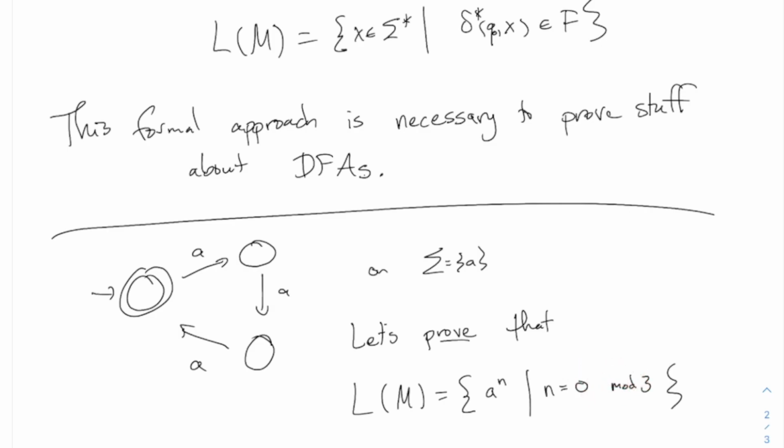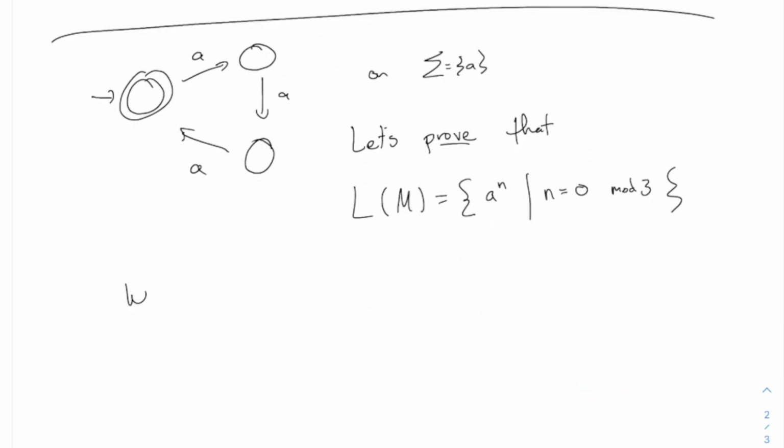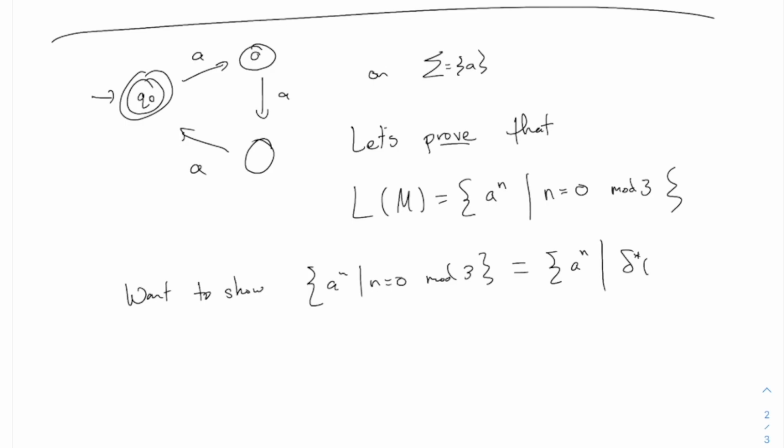So I want to show that this set, {a^n | n ≡ 0 mod 3}, is equal to the set of a^n's such that δ* of the starting state. Now, I don't have names for any of my states. I'll call the first one q0, then q1, q2.